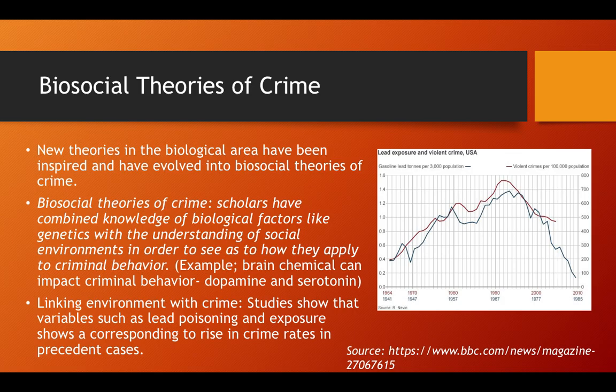Research stemming from biosocial theories of crime has also recorded observations of the relationship between the environment and crime, right? And there's one well-known study of these variables in the realm of lead poisoning, right? During the 1920s, the use of lead paint increased in homes.